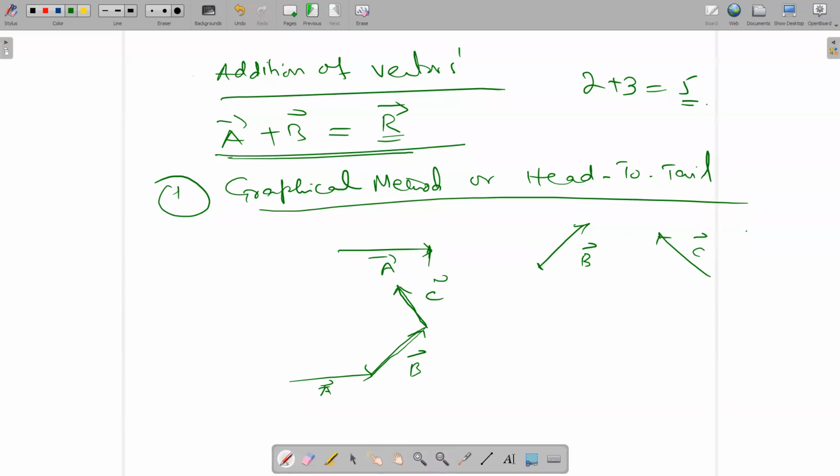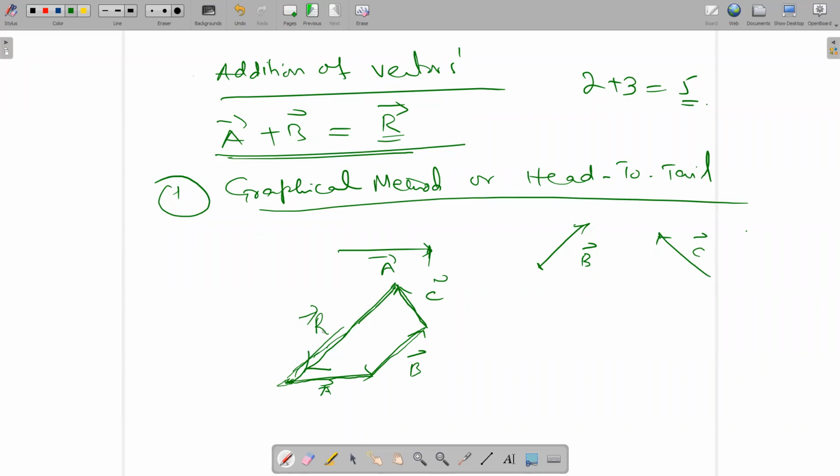So when you add by the head to tail rule, the last step is this one. You join from the tail of the first vector to the head of the last vector. So this is our line. This line is showing the resultant vector, and its direction will not be like this one.